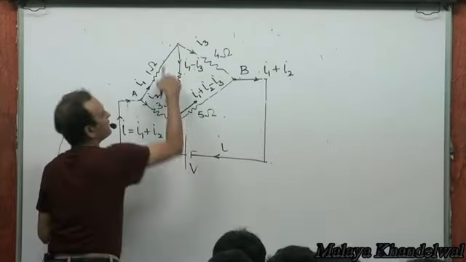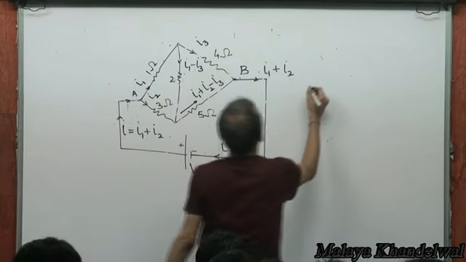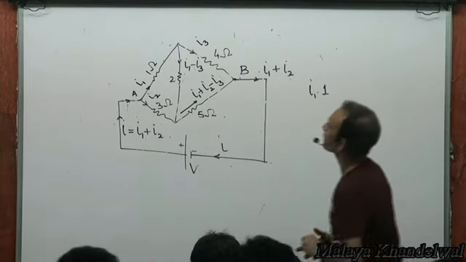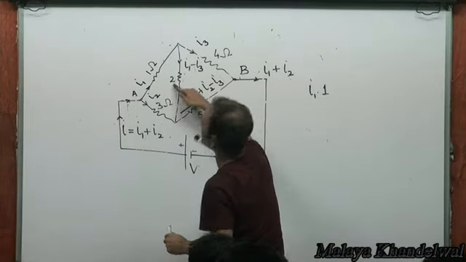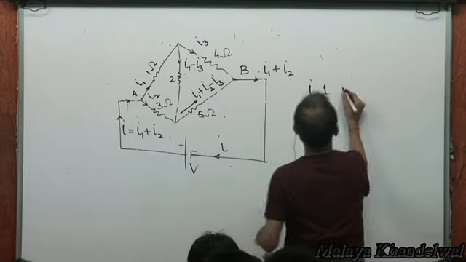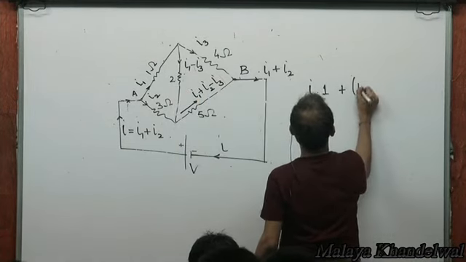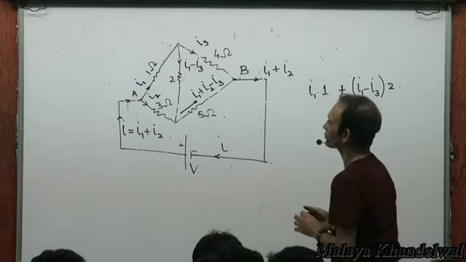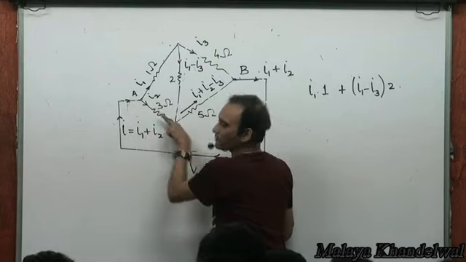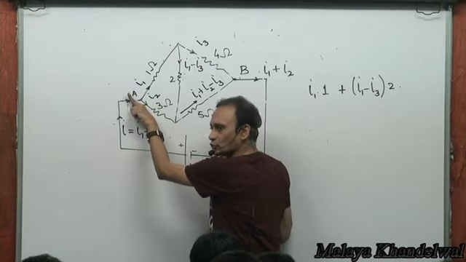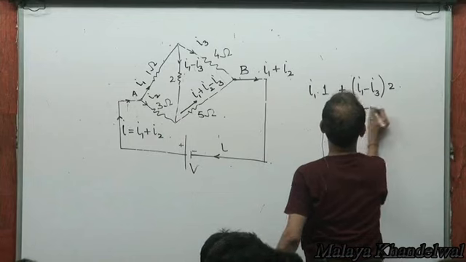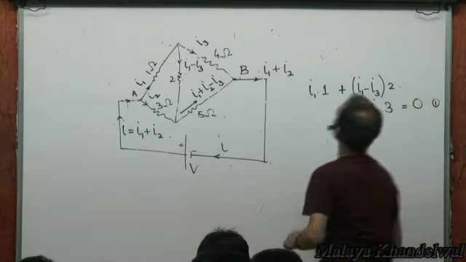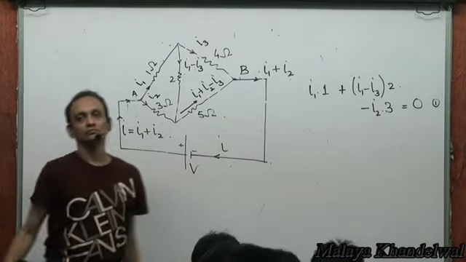Say if I apply KVL to this loop, then I get I1 into 1, plus I1 minus I3 into 2, and then I2 this way is like minus I2 this way, so minus I2 into 3, that must be 0. That's KVL applied to one loop. Yes or no?